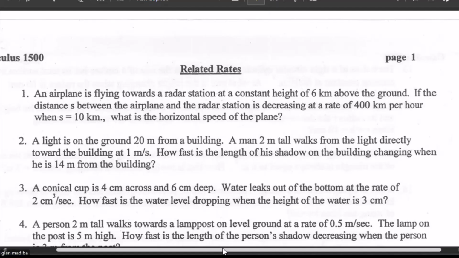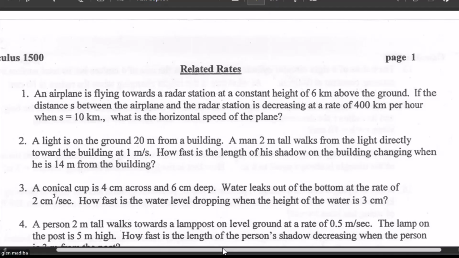We see it at a constant height of 6 kilometers above the ground. That is how high the plane is from the ground, and that is the y, according to the diagram that we drew. Yes, sir. Our y is 6. Do we agree? Yes, sir.